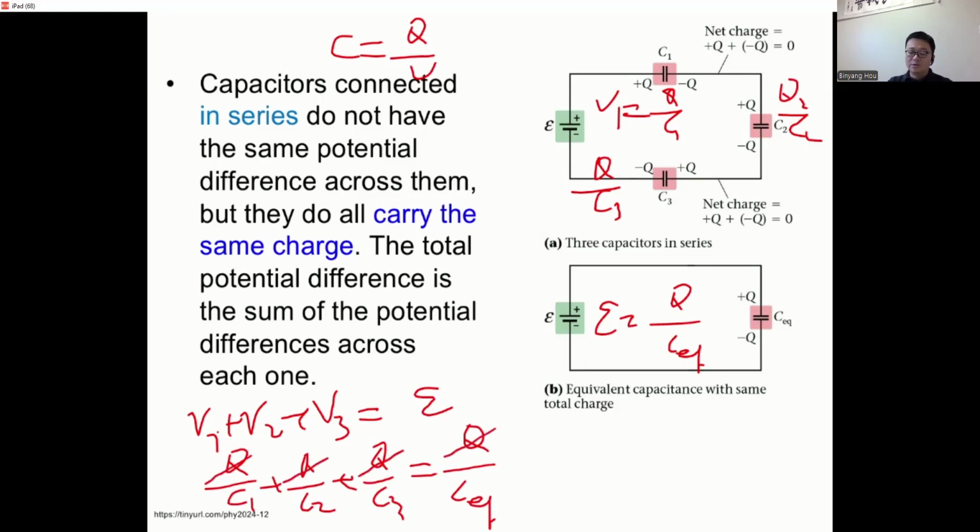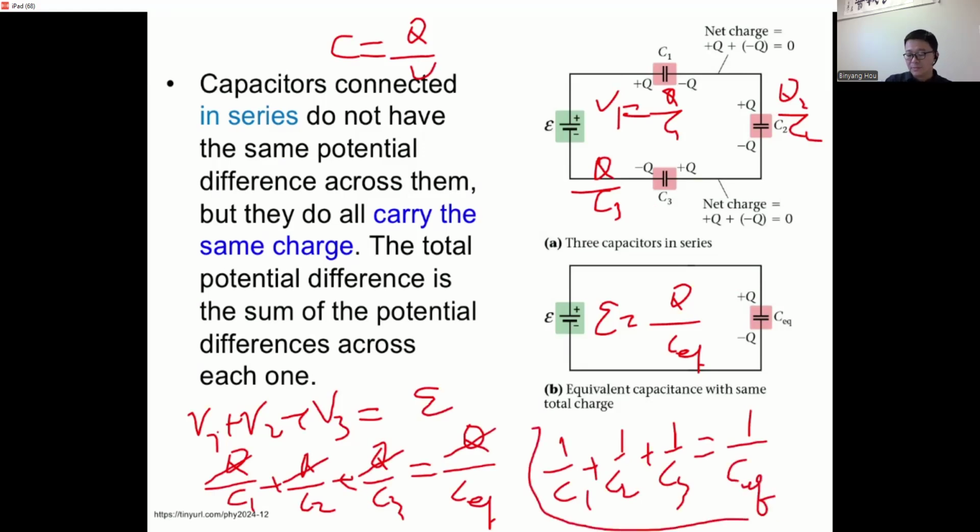Then 1 over C1 plus 1 over C2 plus 1 over C3 should be equal to 1 over CEQ. Okay, so that's the relationship. So the inverse of your equivalent capacitance should be equal to the inverses of each of those individual ones added up. Okay. All right.